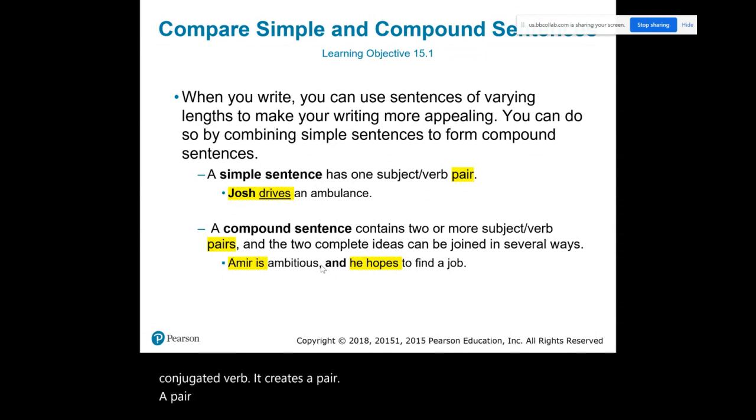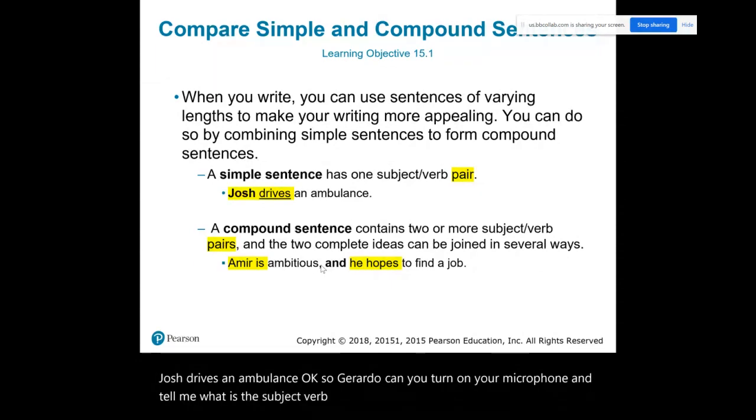So look at the example: Josh drives an ambulance. Gerardo, can you turn on your microphone? Tell me, what is the subject verb pair in this sentence?